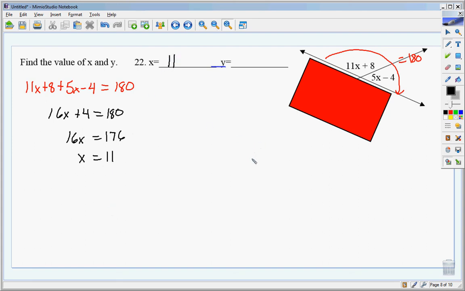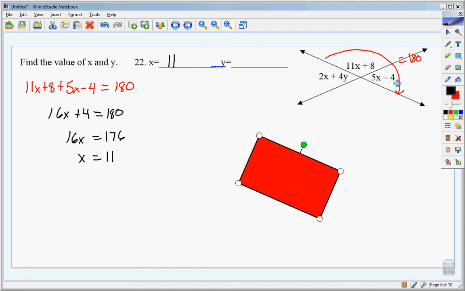If x is equal to 11, when I come back over here to my problem, I can plug that in. I have 5 times 11 minus 4, or 55 minus 4, which would be 51 degrees. And I'd have 2 times 11 plus 4y, or 22 plus 4y. And I know that these two have to be equal in measurement because they are vertical angles.